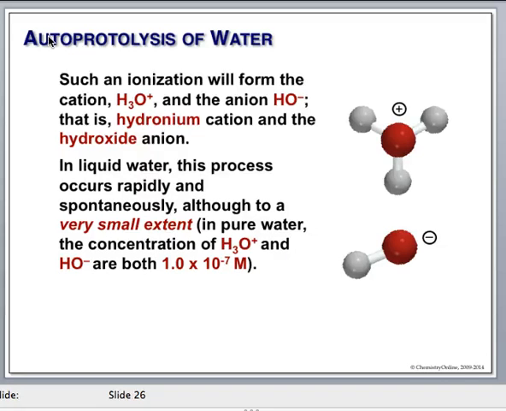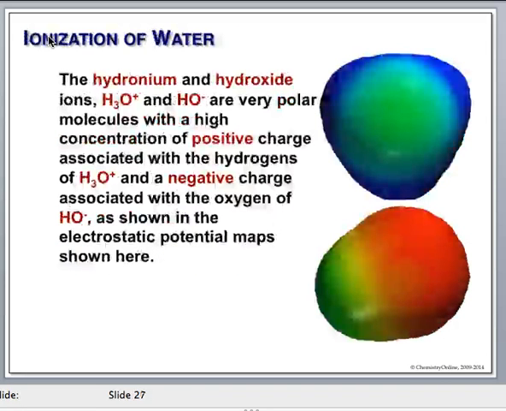Well, the reason this works, quite simply, is that the hydronium ion and the hydroxide ion, even though they're very highly charged species, are surrounded by a huge shell of water. And because they're surrounded by this huge shell of water, we stabilize this charge.